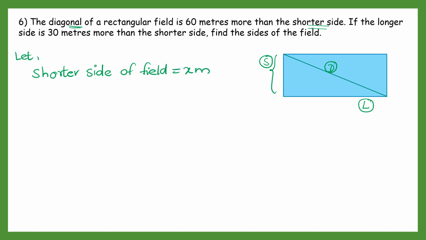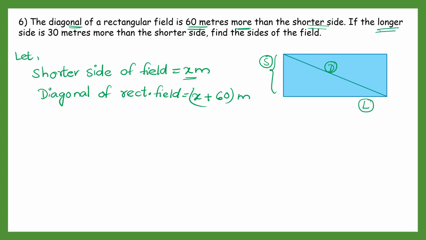Then they are telling diagonal is 60 meters more than the shorter side. Then diagonal of rectangular field will be 60 meters more than shorter side. Shorter side is x, 60 meters more means plus 60. You will get x plus 60 meters. And now they are telling the longer side is 30 meters more than the shorter side.